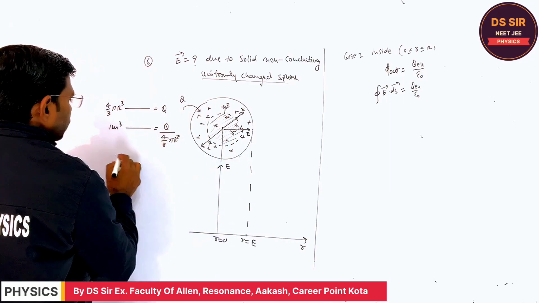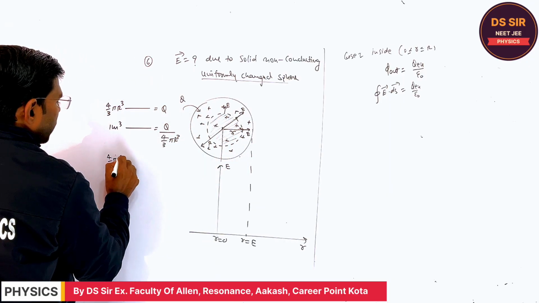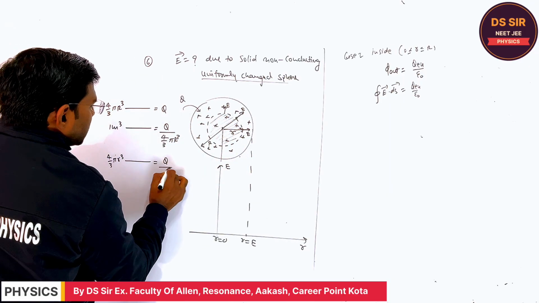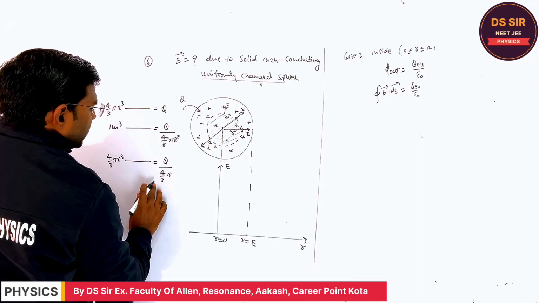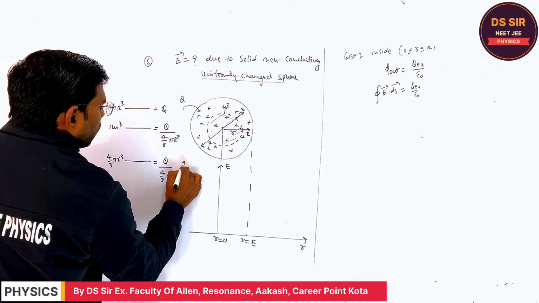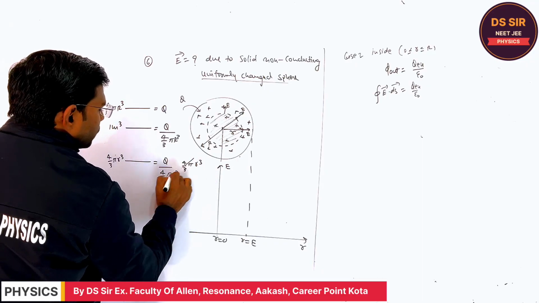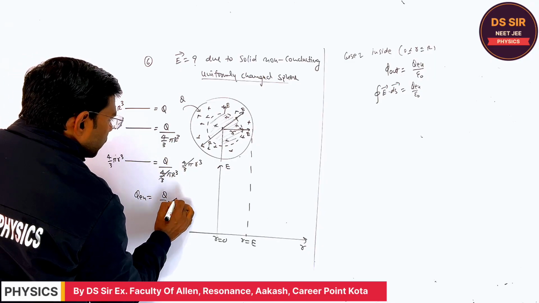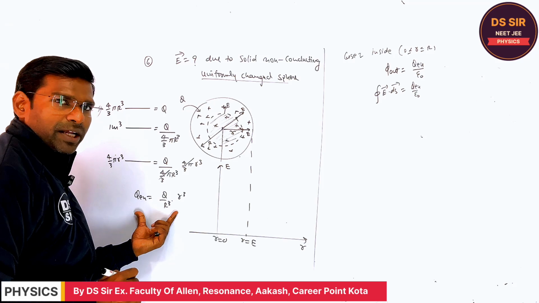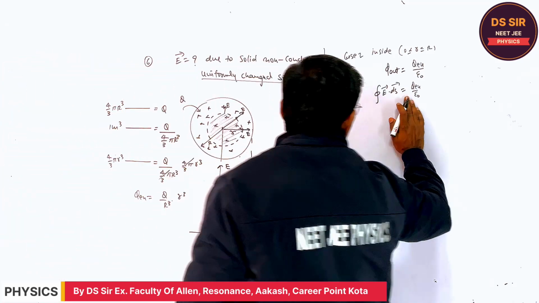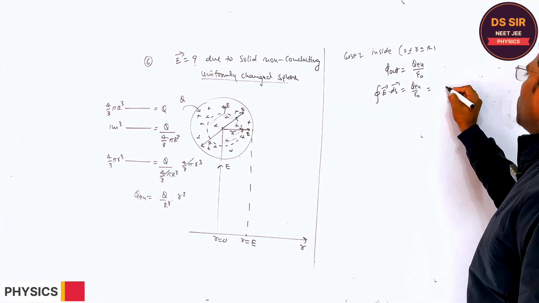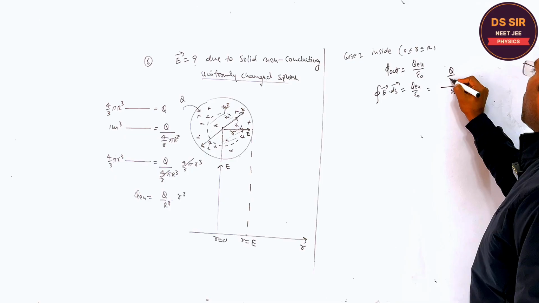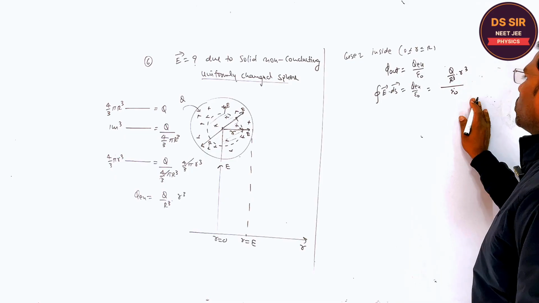So in this smaller volume, 4 by 3 pi r cube, the charge is Q upon R cube into small r cube. Is it correct or not? Right. So now I can put the value of the charge enclosed, Q upon capital R cube into small r cube.